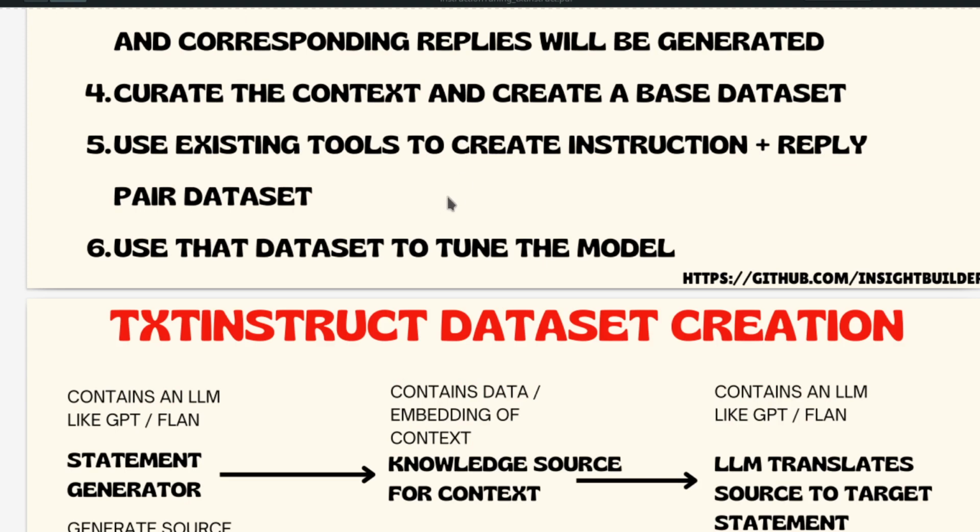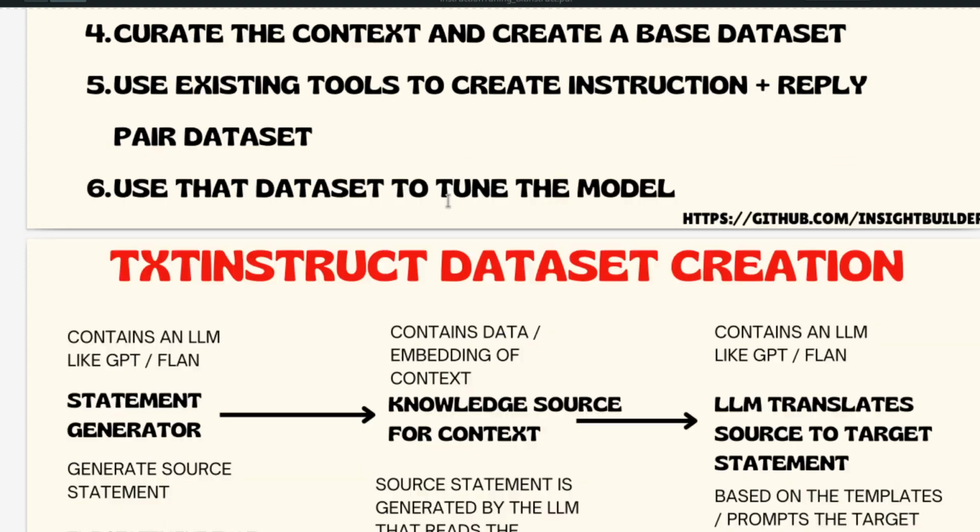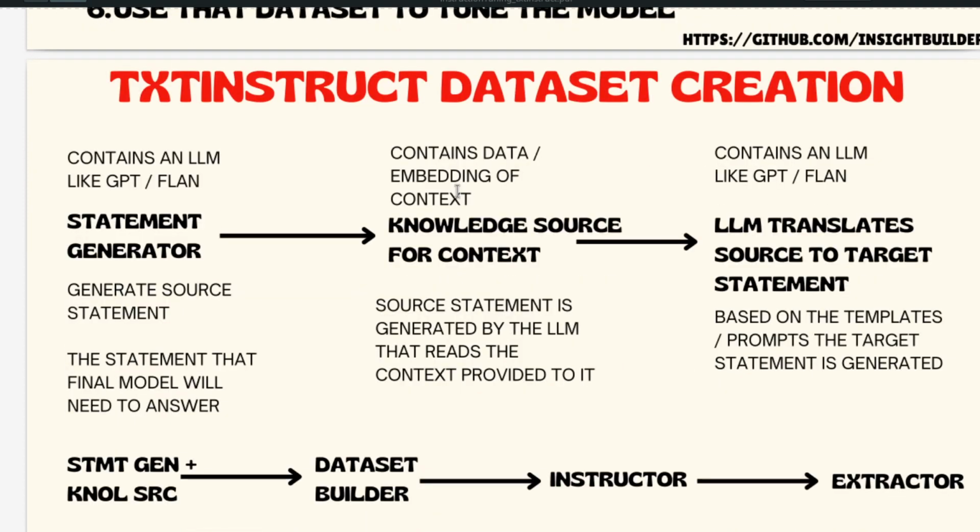As we already discussed the challenges that we will face, now let's see what TxtInstruct actually does and how it does it by creating the dataset. TxtInstruct has three different parts internally. First and foremost, there is a statement generator. Second, there is a knowledge source, that is for the context. And third, there is an LLM, the base large language model that translates the source to target statement.